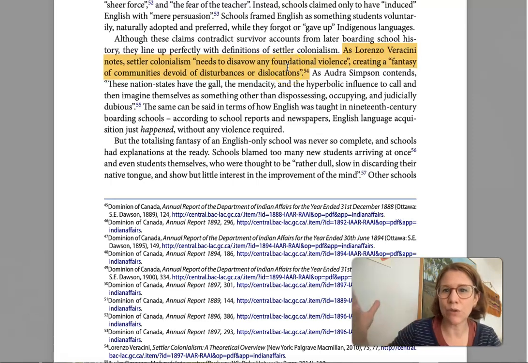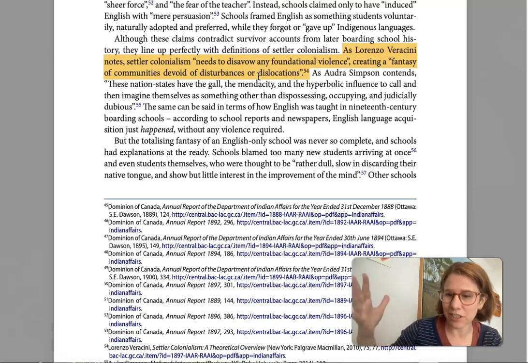So they promoted schools as a positive, and then hid or veiled the violence that was part of them. Not just the abuse that we have learned took place, but also the abuse and the violence of language denigration and disruption.